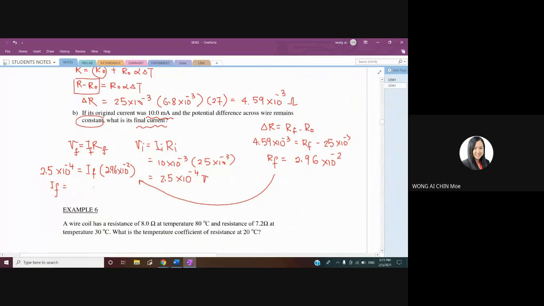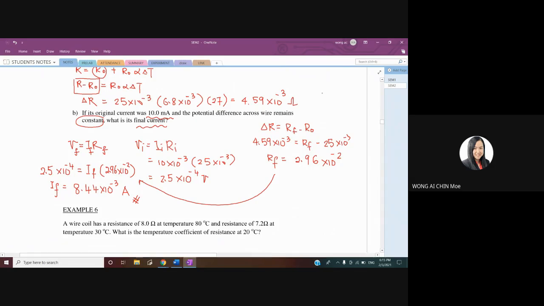You will get 8.45, or 8.44 also can, times 10 to the power of negative 3, and the unit is ampere. So this is the new current flow.